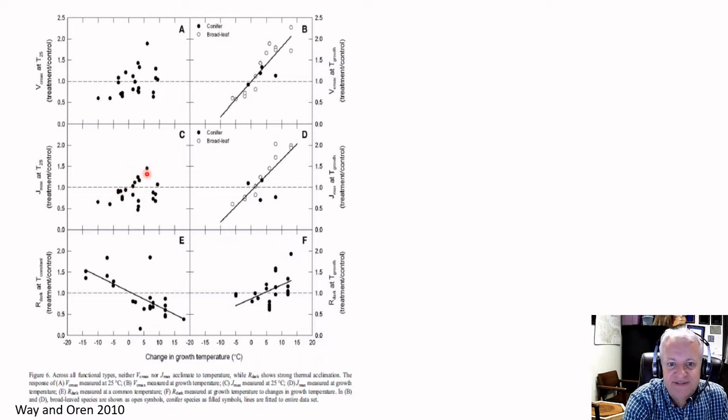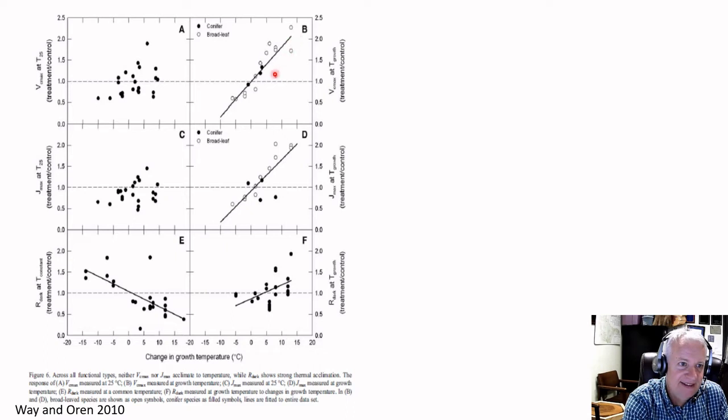So basically the fundamental biochemistry of photosynthesis in terms of Vcmax and Jmax stayed about the same. Whereas respiration, as you got warmer, the base rate of respiration went down. So respiration rate actually was down regulated at higher temperatures.